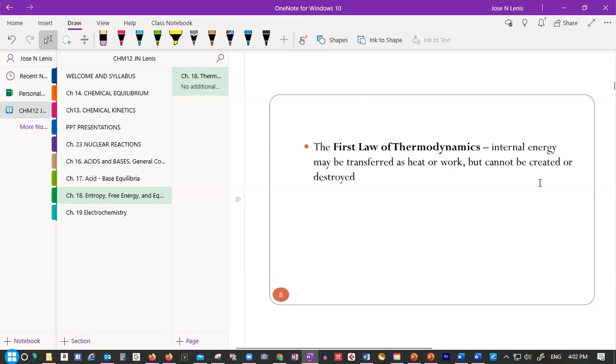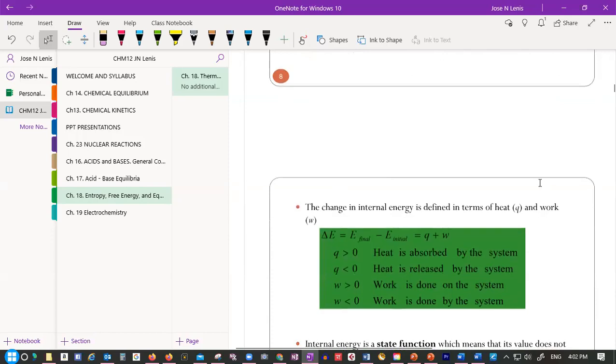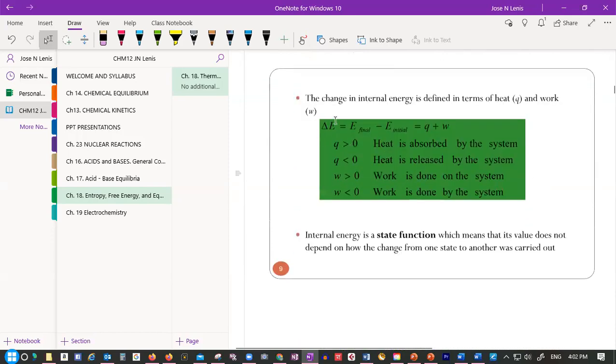And we can define that as the internal energy, delta E, which is the change of internal energy of the system, equals the change of energy, the transformation: final energy minus initial energy. And that transformation can be defined as heat and work.